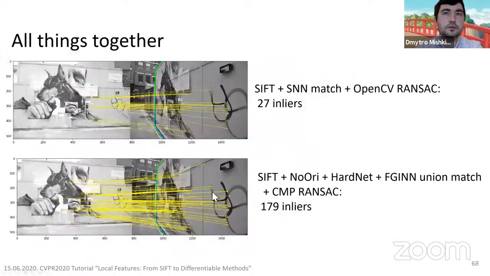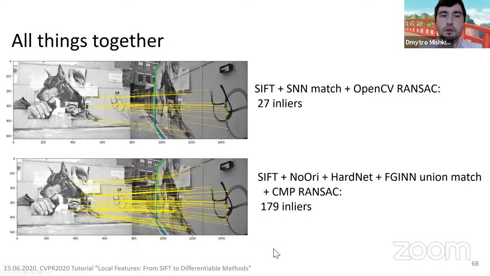So this is a thing, and if we combine all things together from the naive matching, like you take SIFT, you do, well, not very naive, but kind of naive in a good way. So you pick the lowest first to second nearest neighbor ratio, you use OpenCV RANSAC because why not? And with SIFT, you have a very small number of inliers.